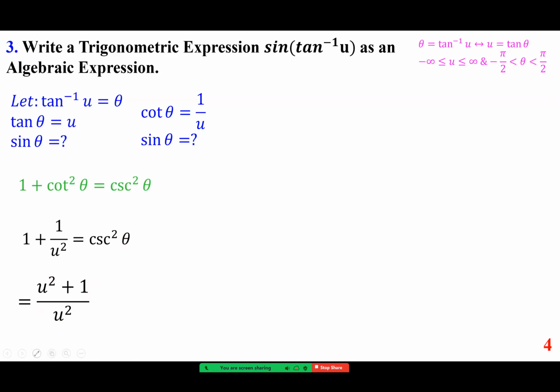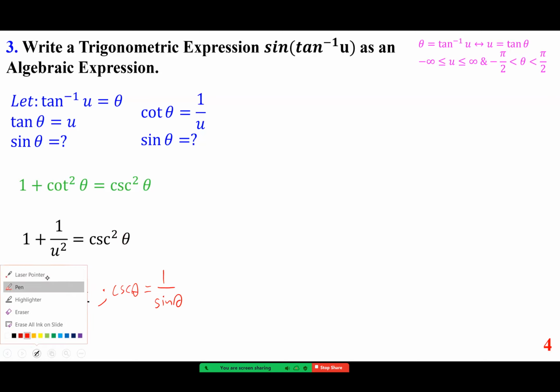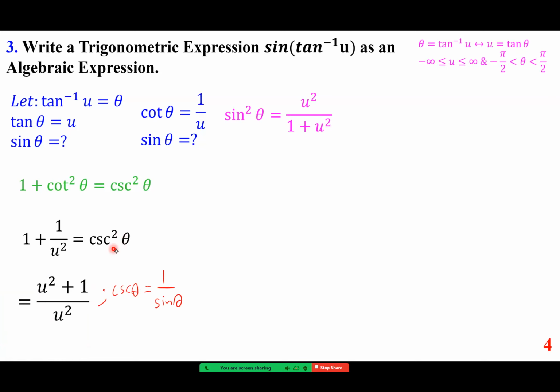So let me quickly write this. So we know that cosecant is 1 over sine, or sine is 1 over cosecant. Therefore, the reciprocal of that is sine squared. So sine is the square root of this, plus or minus. And the u at the top comes out.